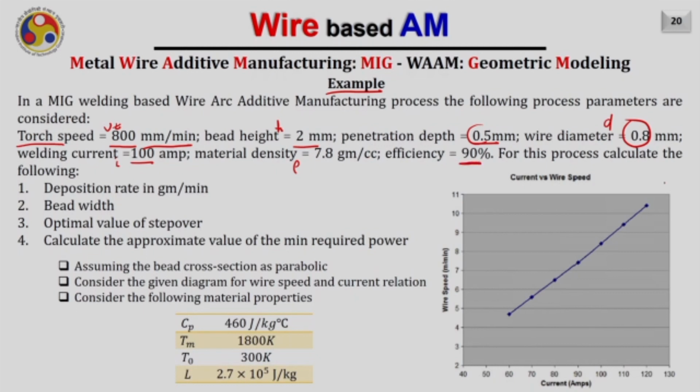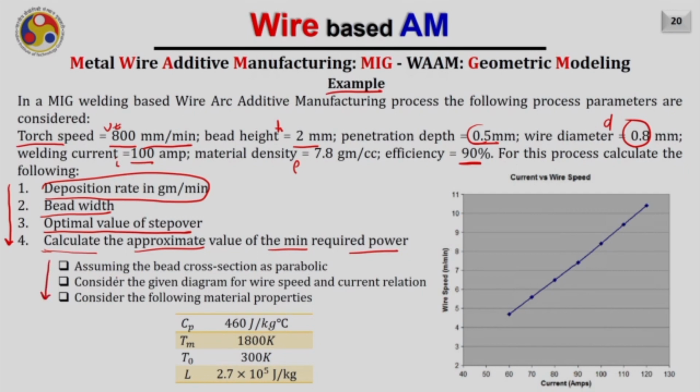Now for this process it is asked to calculate the following 4 things. One is, what is the deposition rate in gram per minute. Second is, what is the bead width. Third, what will be the optimal value of the step over, and finally, they are asking us to calculate the approximate value of the minimum required power. Of course there are some assumptions given.